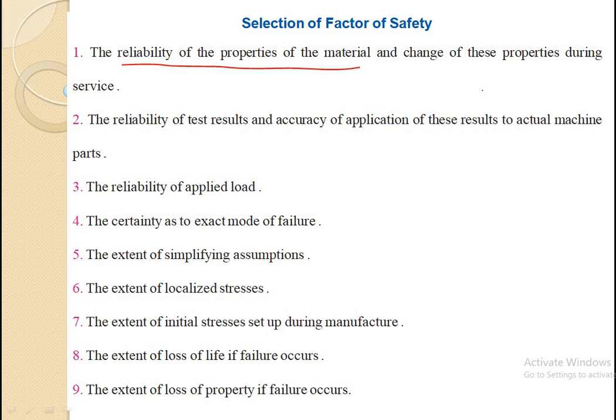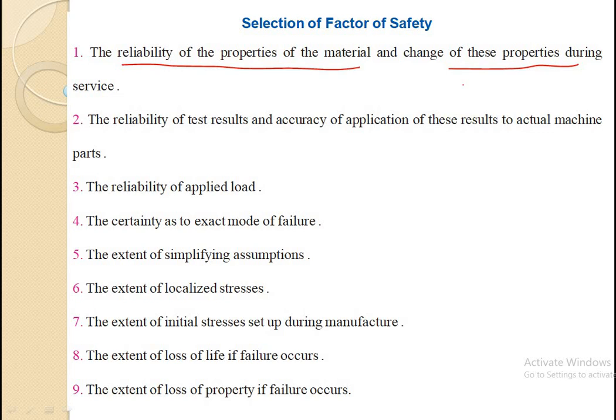to design that material, say a crankshaft, a knuckle joint, a quarter joint or a lever, and if that material is made up of mild steel, say 40C8 or 30C8 or 25C8, then how reliable the properties of that material are, we need to take into account, and also the change of these properties during the service, during the application.